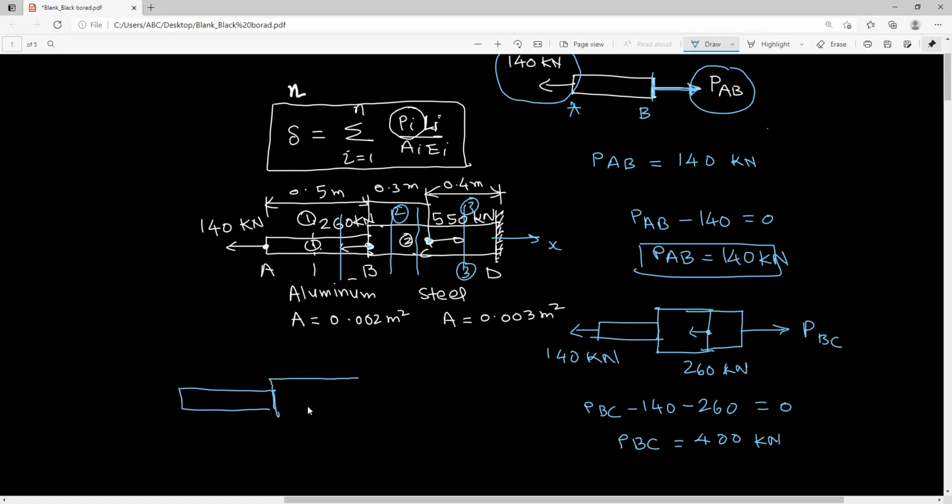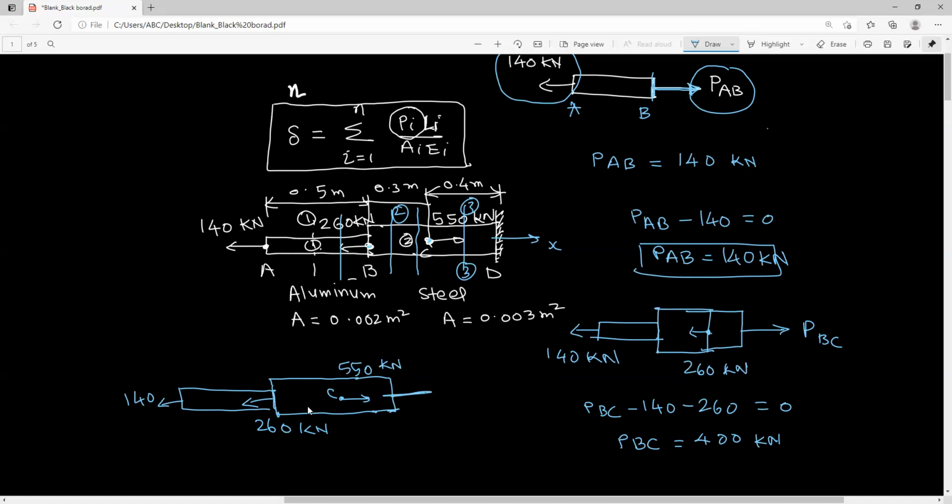You have to show the force, and also the other force at point C. This is 260, this is 140, this is 540 kilonewton.